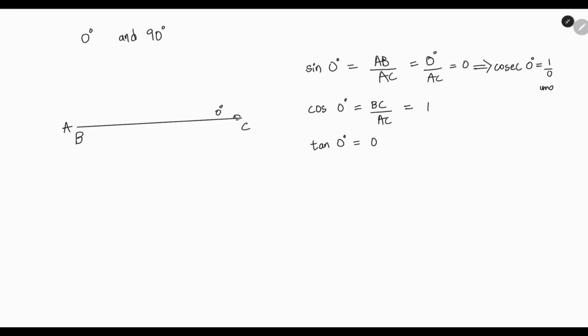So cosecant 0 is undefined. And secant 0 is 1 by cos, that is 1 by 1, which is 1. Okay. And cot 0 we'll get from tan, which is 1 by 0. So cot 0 is also undefined.